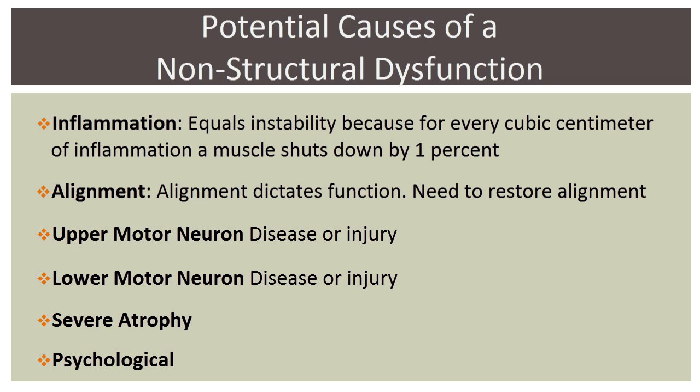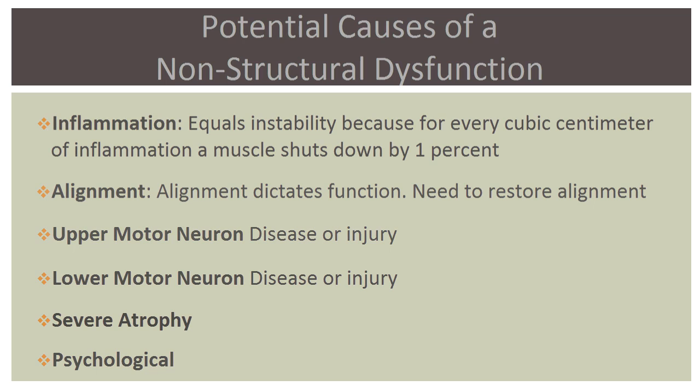And lastly, there might be some psychological limitation due to a fear of pain or fear of movement or other psychoses going on. Again, it's appropriate to figure out what the reason is and treat it accordingly. Because if we're treating for inflammation and the person has a psychological issue, we're treating the wrong thing. Again, remember, if your patient is not getting better, you are probably treating the wrong thing.